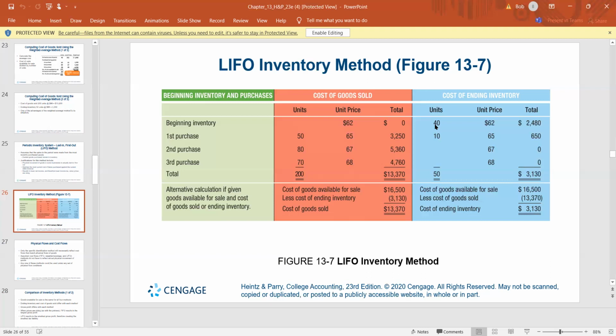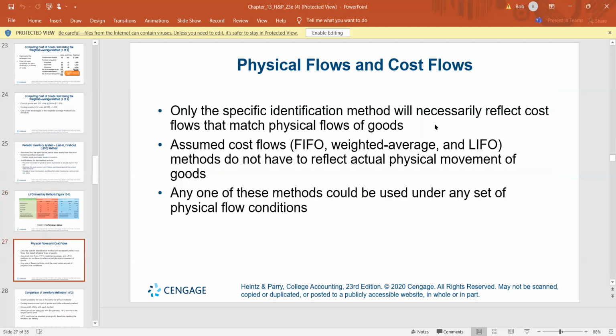Customers come in and scoop up the nails that are naturally on the top of the barrel. So you can think of it that way. You're always selling the newest additions, because when you replenish it, you just pour the new nails on top. So that might be an example of where LIFO matches the physical movement.